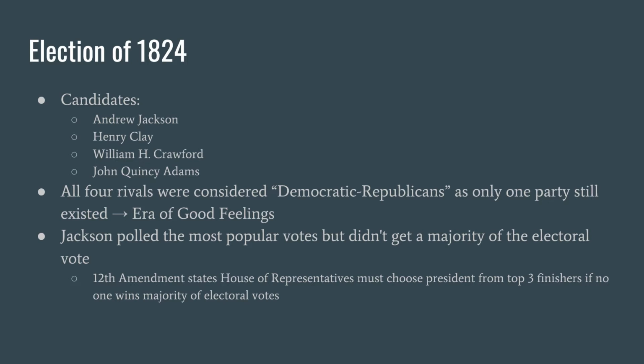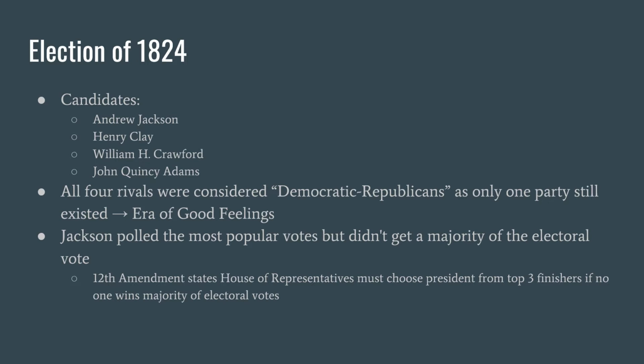Coming out of this era of good feelings, all 4 of these men were considered Democratic Republicans, because the Federalist Party dies around 1816. James Monroe ran unopposed, so we're still in this era of good feelings. All 4 of these candidates are technically considered Democratic Republicans.